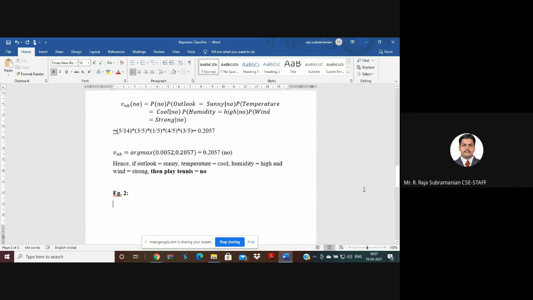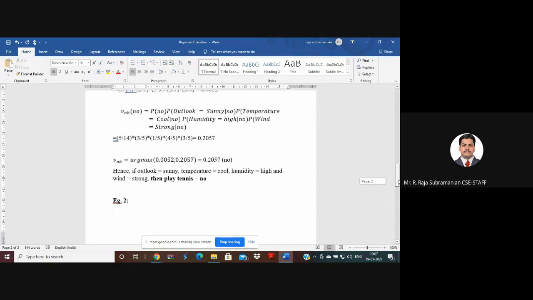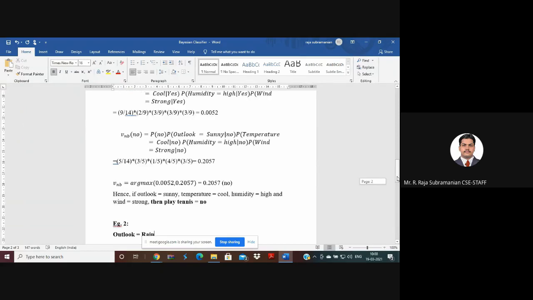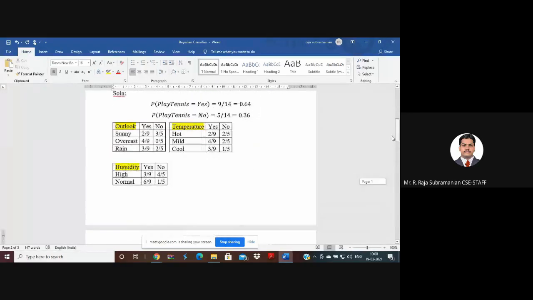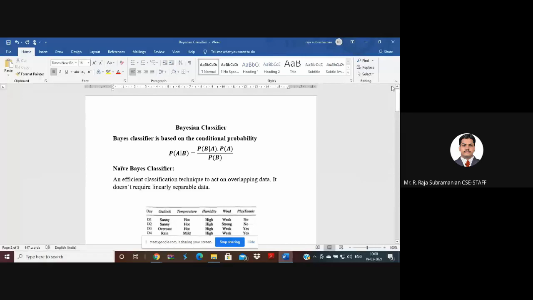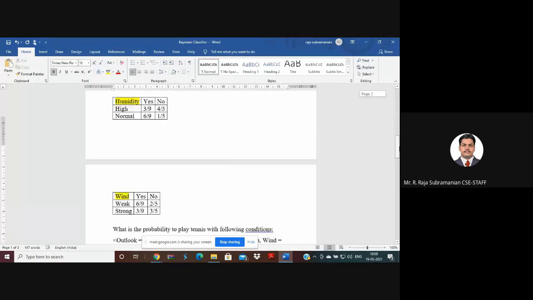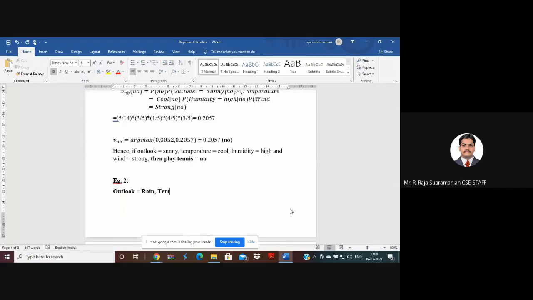Okay, so let me write the conditions. Outlook is equal to rain, temperature is equal to mild, humidity equal normal, wind equal strong.